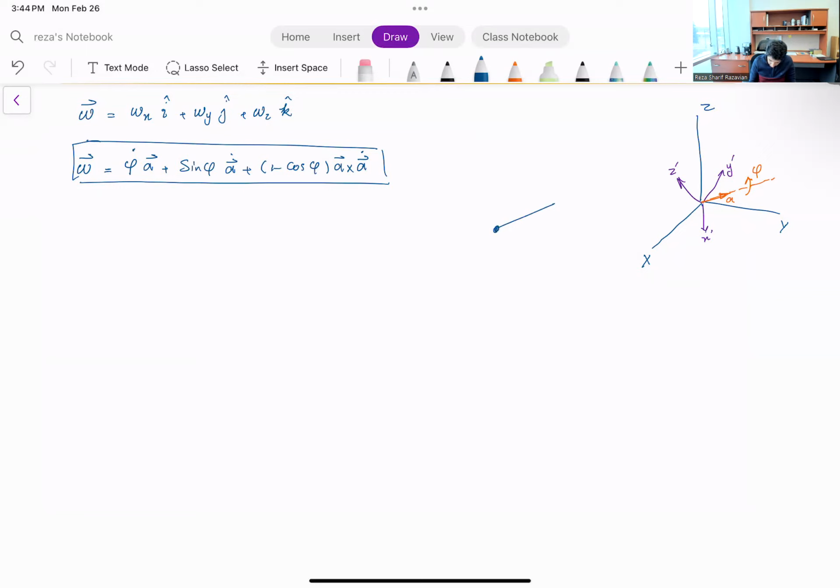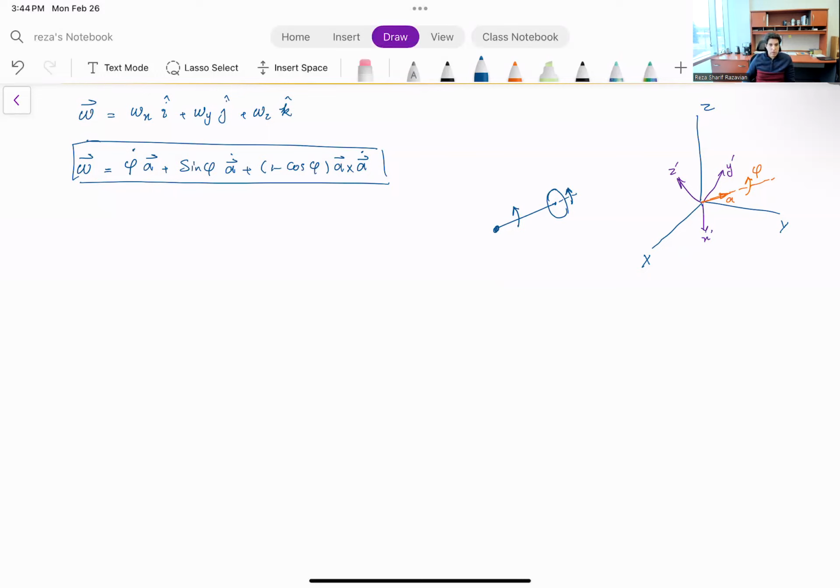Let's pretend that I have a disk that is rotating about this axis. I hope you can see it. The disk is rotating about the axis, and the axis itself is rotating somehow in the space, and you know how.